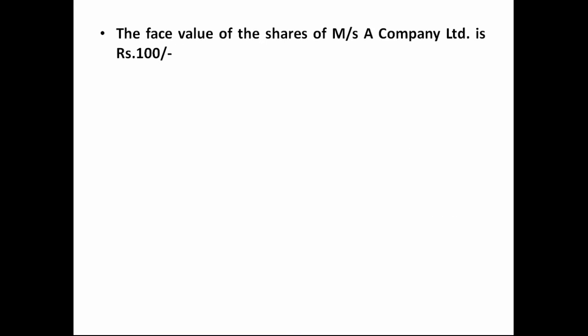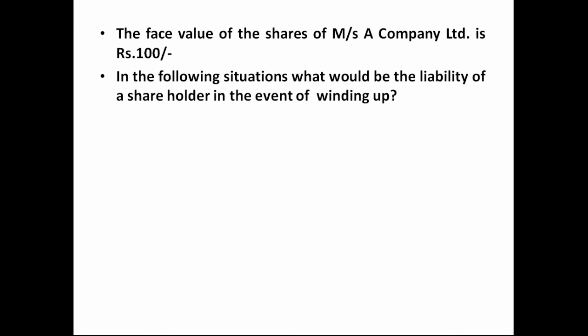Now this will be illustrated by a case. Imagine the face value of a share of a company known as A Company Limited is rupees 100. I'm going to give you a few situations. Tell me, what would be the liability of a shareholder in the event of winding up of this A Company Limited?